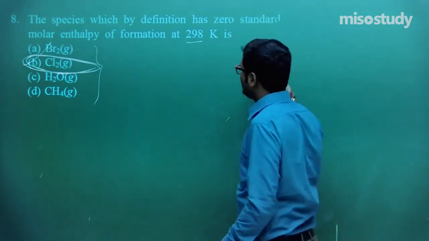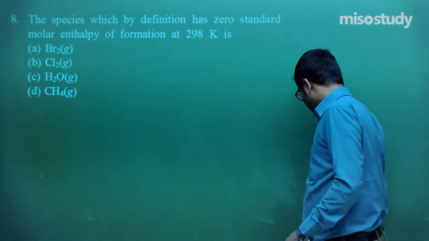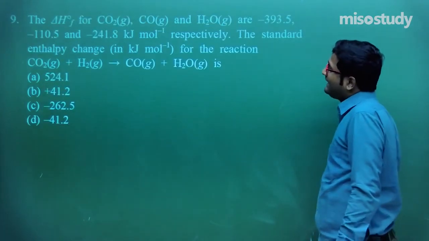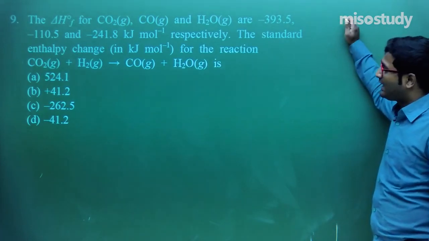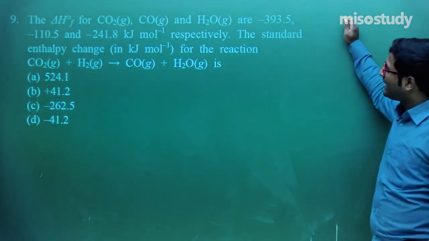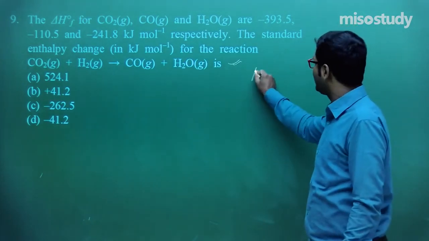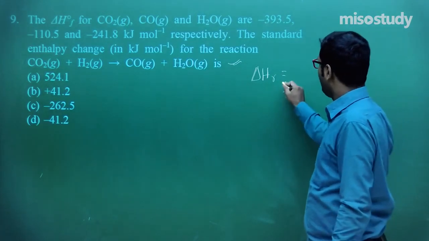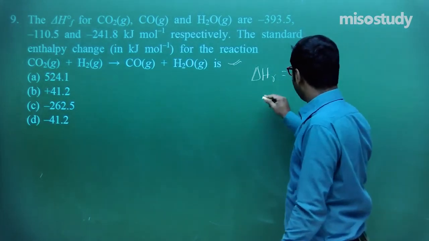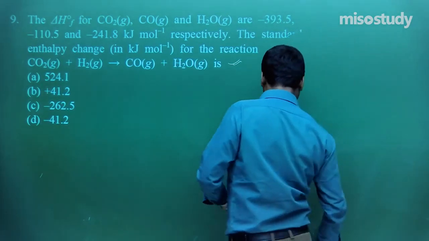Clear? Now I'm going to rub this part and we'll discuss the next one. Now tell me what will happen in this case. Delta H formation for CO2, CO and H2O are given. We need the standard enthalpy change for the reaction.